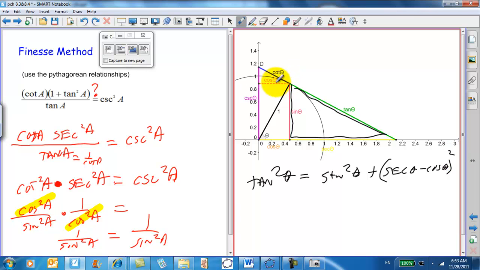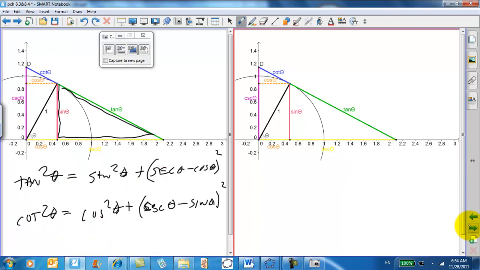And you can do a similar one over here to get cotangent squared theta equals cosine squared theta plus cosecant of theta minus the sine of theta, quantity squared. You can also come up with some by just doing some area ideas.